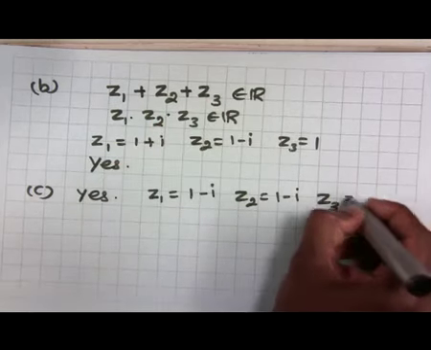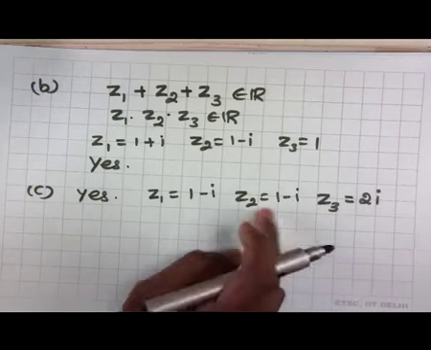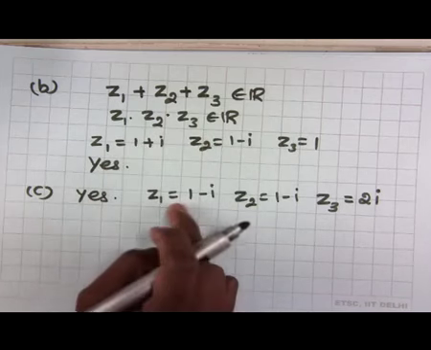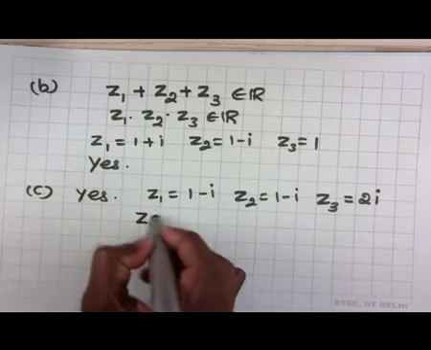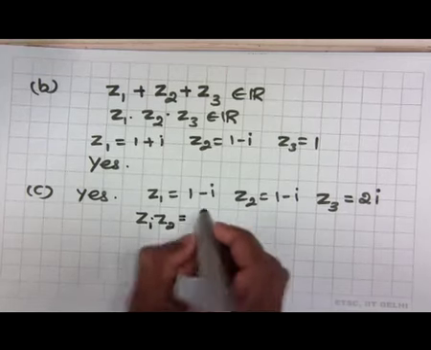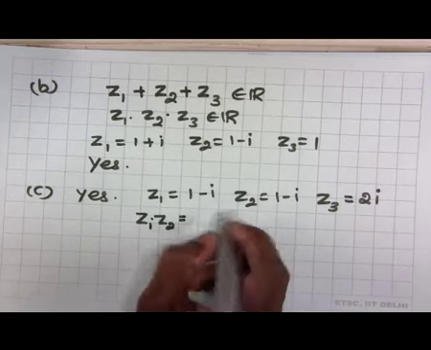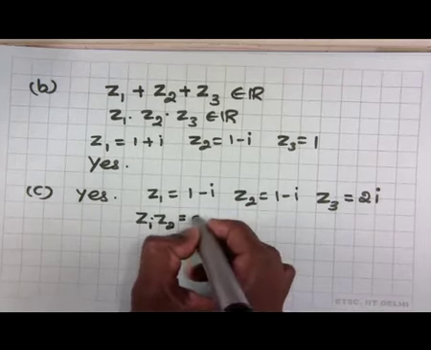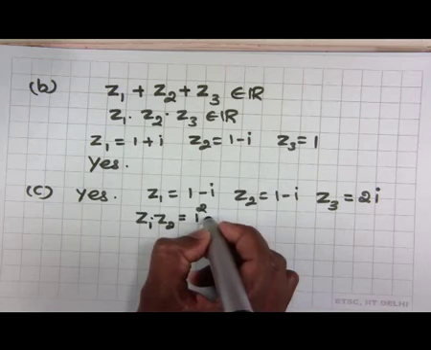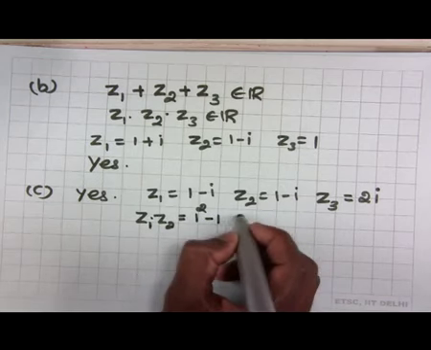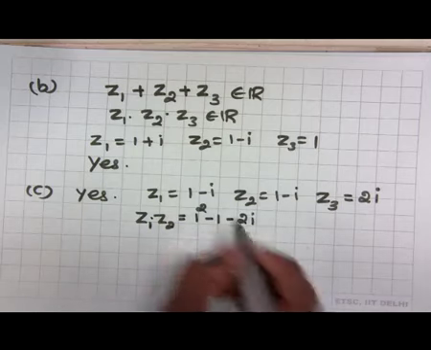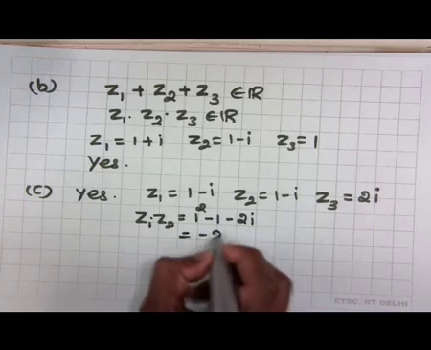So, naturally I make the choice 2I for Z3, but further, of course, we need to see whether the product is a real number. When you do the product Z1 into Z2, we see that it is exactly Z square. So, Z square is 1 square plus I square, that is minus 1, and minus 2 times I. So, what you get is minus 2I.